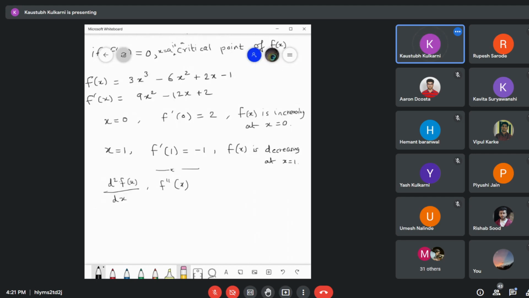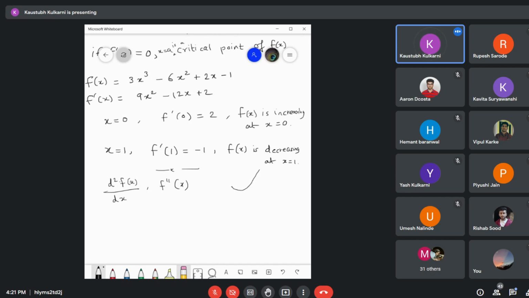Graphically it will look like a graph being concave up at that point, something like this. So this is like a parabola facing upwards, concave up.